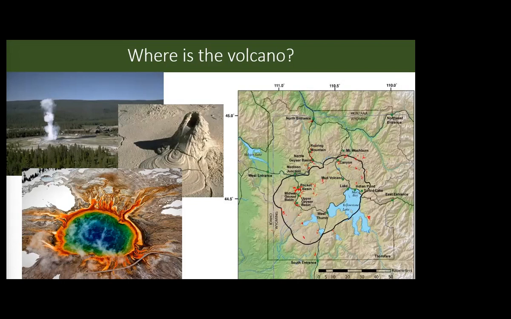We have mud volcanoes, which are these really small releases of pressure where you have all of this wet mud and gases bubbling up, and they pour out in these miniature volcanoes. They're no taller than maybe 3 feet tall. And then of course we have our geysers. Yellowstone's very well known for geysers.